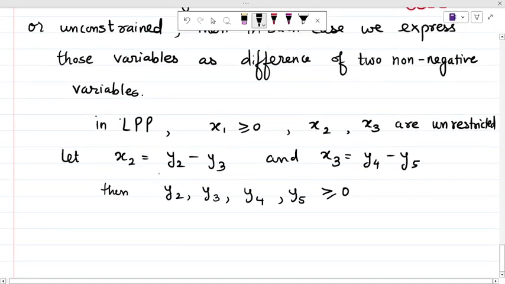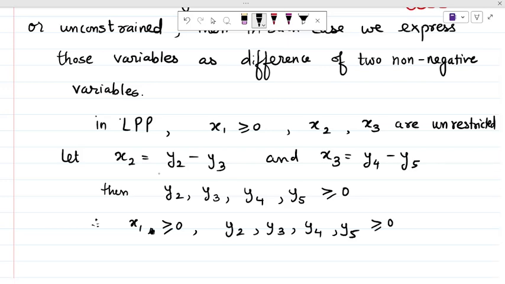So all the variables, now how many variables will I have? Therefore I will have x1 which is already greater equal 0, and now the additional ones which I added, y2, y3, y4, y5, all these extra variables which came into the picture, they all will also be greater than or equal to 0.